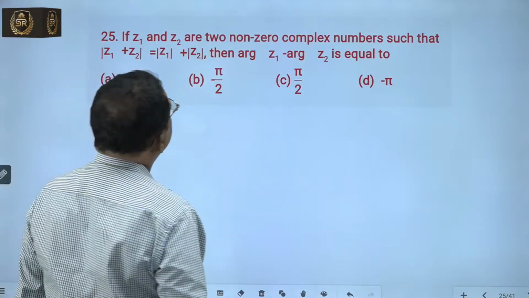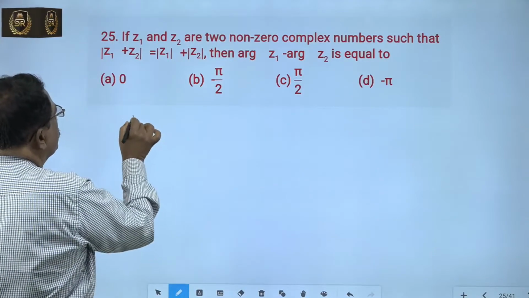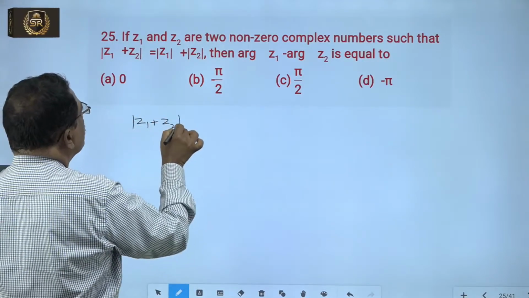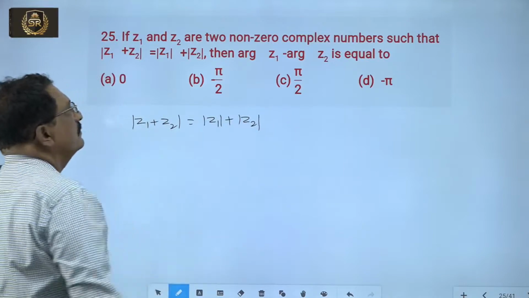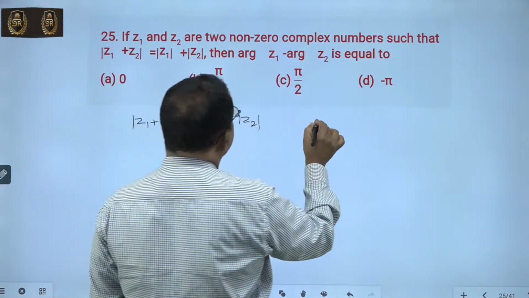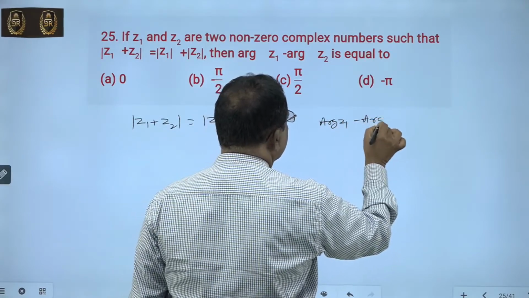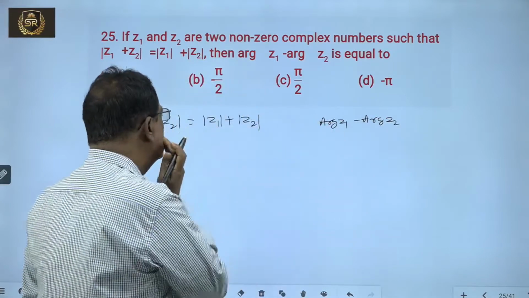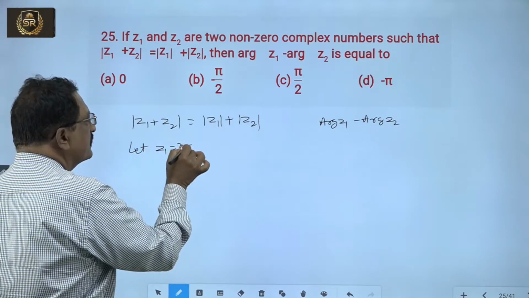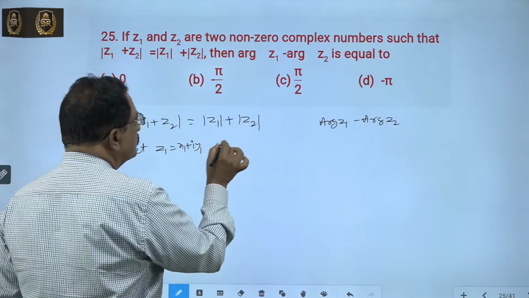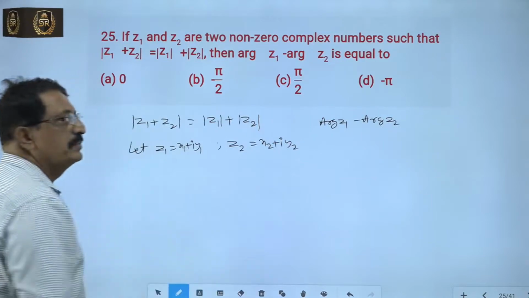z1, z2 are two non-zero complex numbers such that mod of z1 plus z2 equals mod z1 plus mod z2. Then we need argument of z1 minus argument of z2. First let z1 equals x1 plus iy1, z2 equals x2 plus iy2.